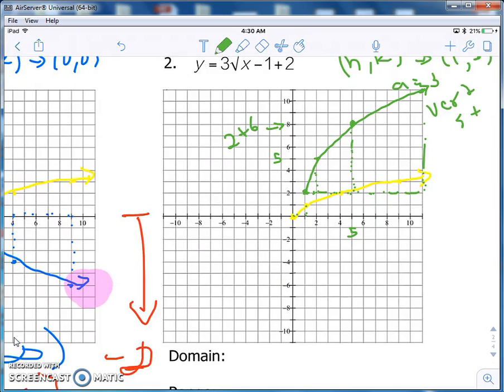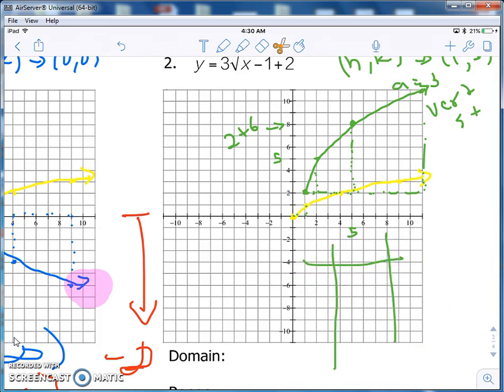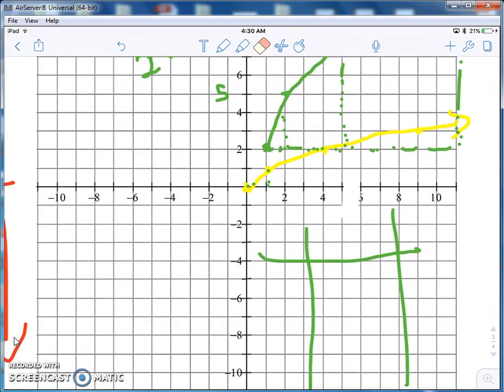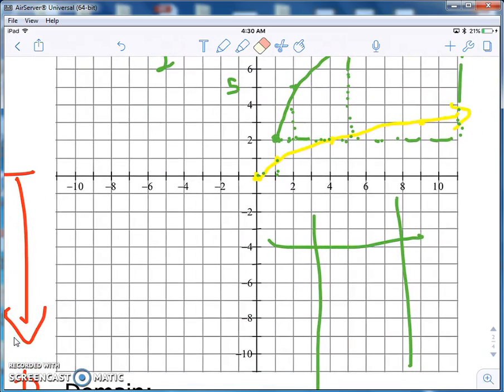If you wanted to build a table, it's not impossible to build a table. What we want is values for x that are going to give me a perfect square. So I've got 3 square root of x minus 1, plus 2.